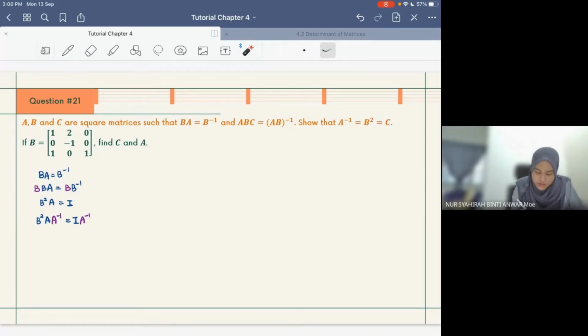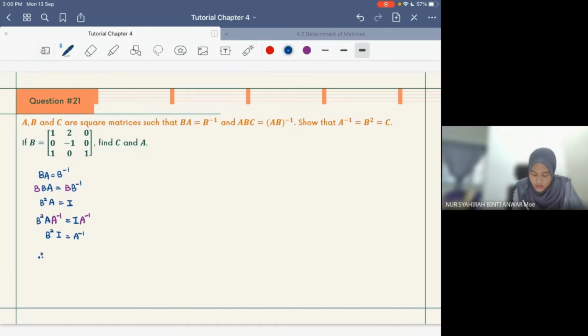So from here, A inverse akan dapat I. So B square I will be equals to I darabkan dengan A inverse will be A inverse. And here sebenarnya kita dah jumpa.